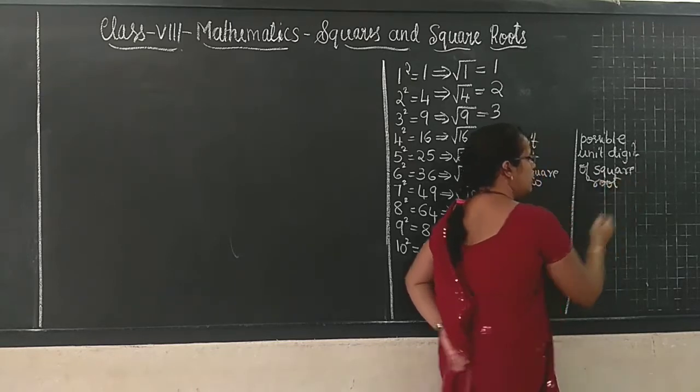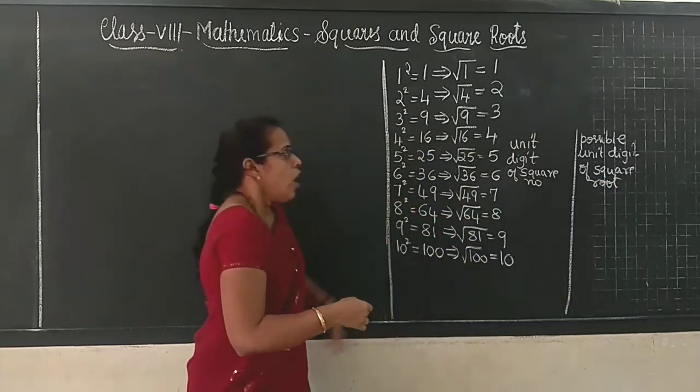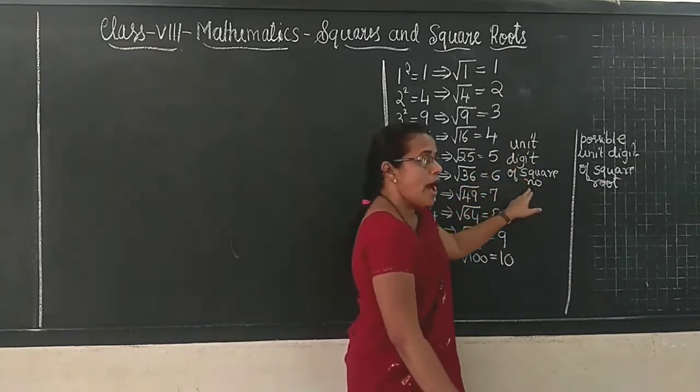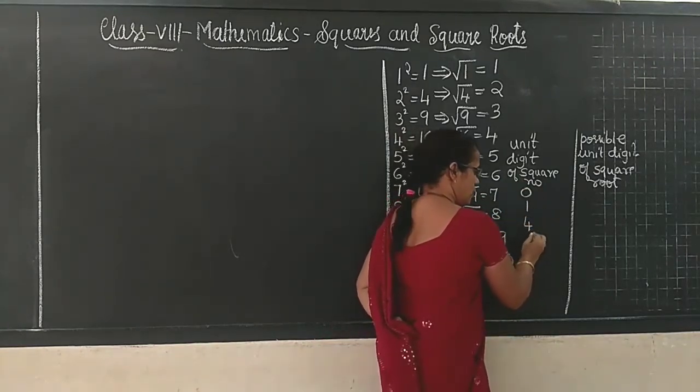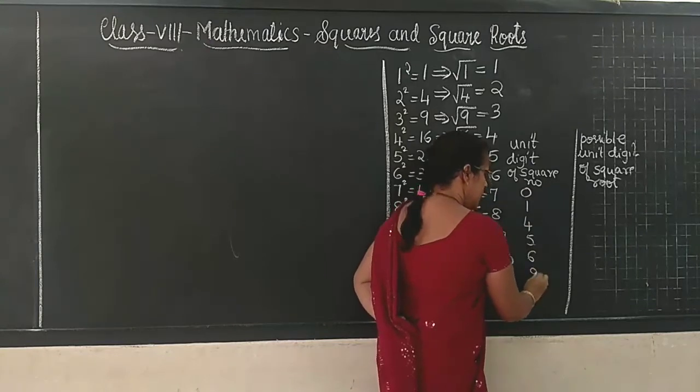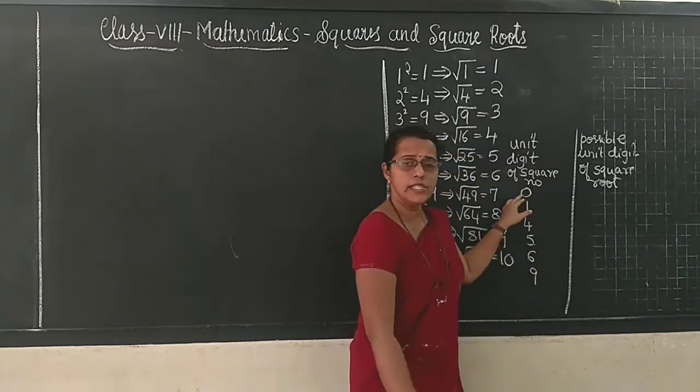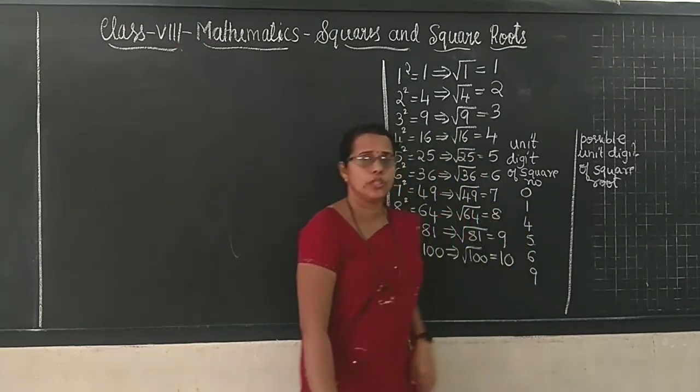Let us find it now children. So see here, a square number always ends with 0, 1, 4, 5, 6, 9. So then what is the unit digit of its square root?